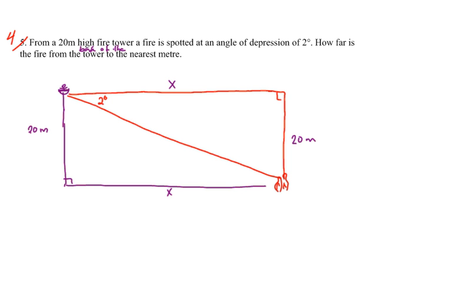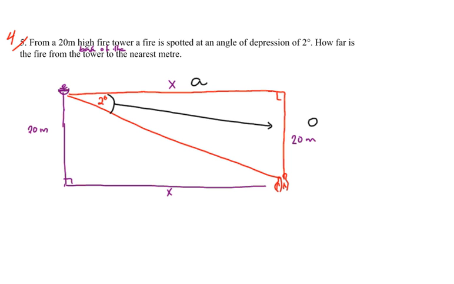So if I use this triangle up above with the 2 degrees, let's label our triangle. What do we know? Opposite is the 20, and we're looking for the adjacent, because I should have written from the base of the tower, how far away is the fire?